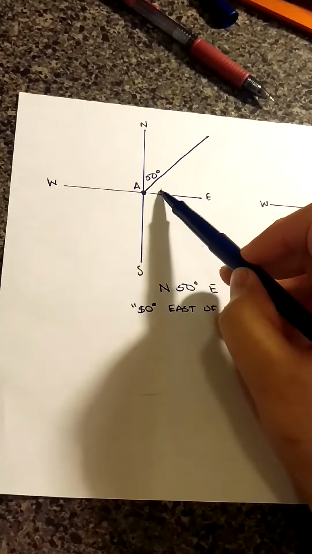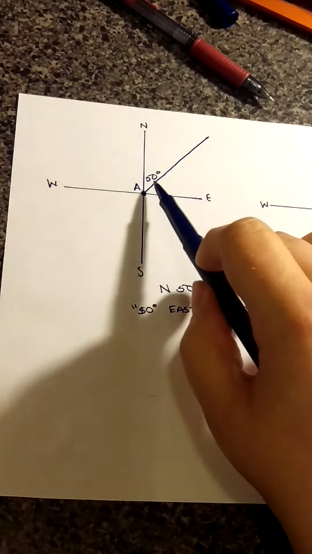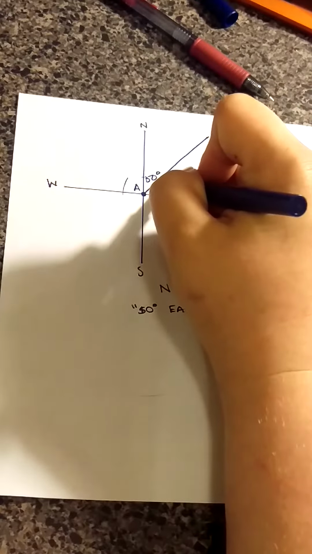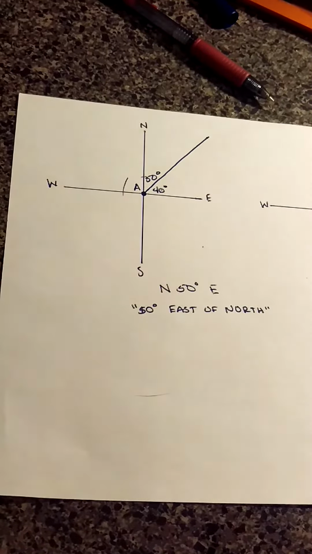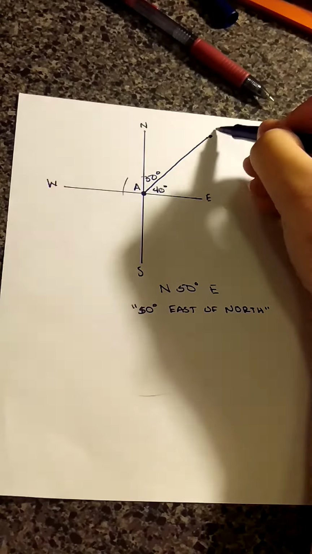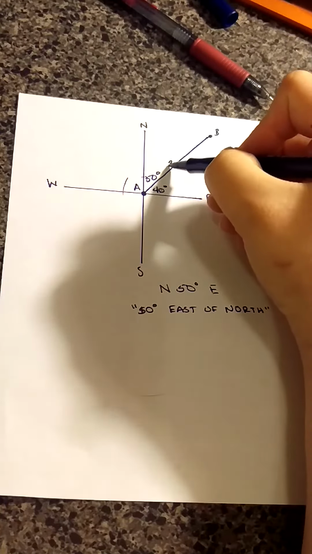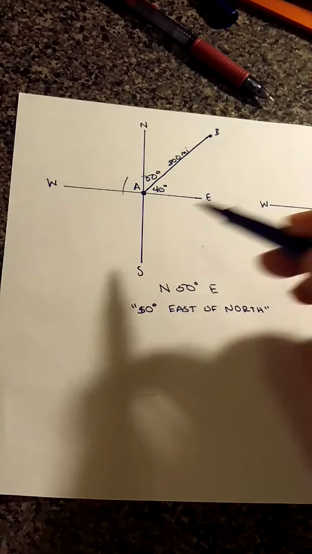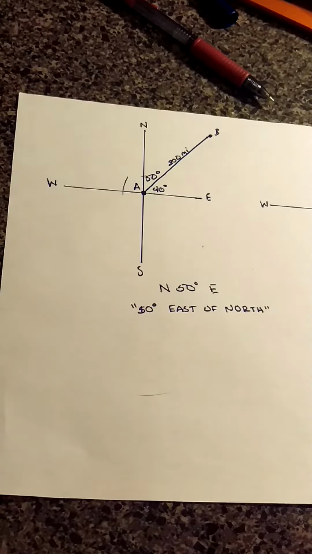You can calculate the angle next to the x-axis, though, if you need it. So since this is a 90-degree angle, the angle right in here is going to be 40 degrees, and we will use that in just a second. It's saying that airport B is 300 miles away, so the length of that side is 300 miles. So far, this is what I got just for the first sentence.